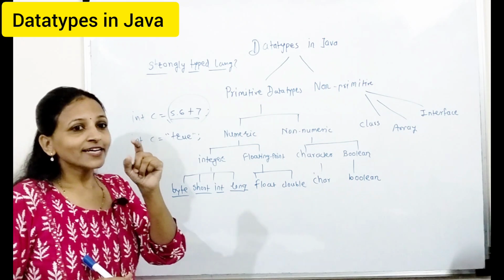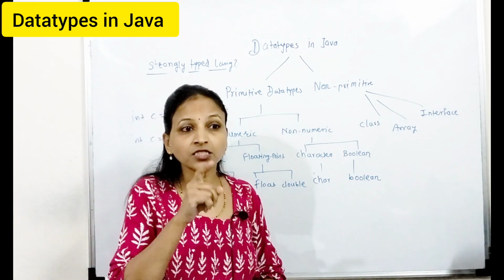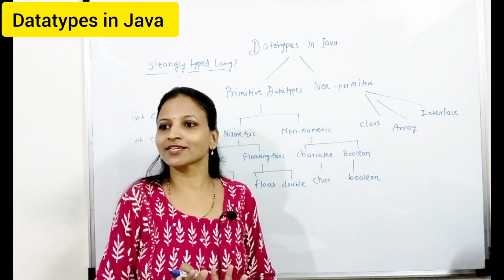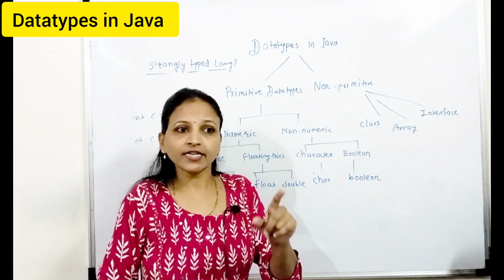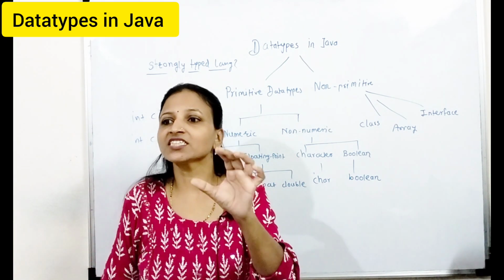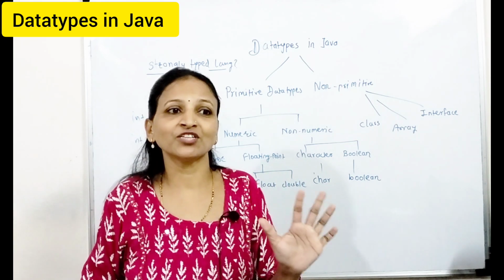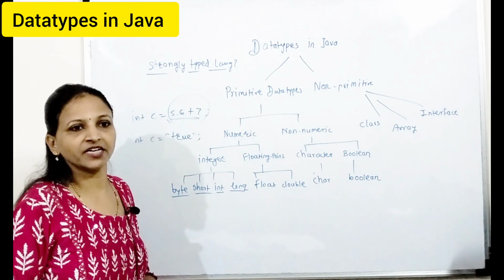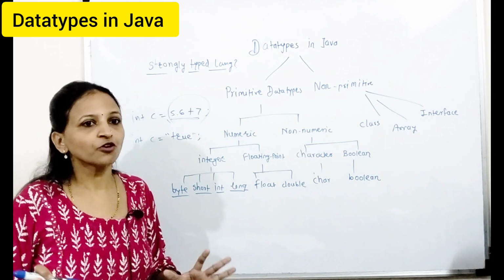See, all data types are strictly defined. What does it mean? It means all data types have a fixed number of bytes associated with them. Integer has 4 bytes; integer requires 4 bytes to store.